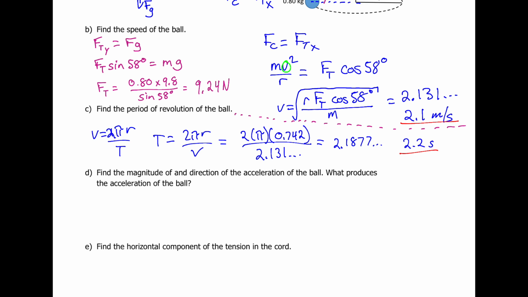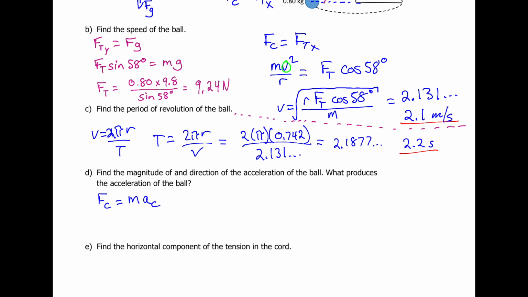What's the magnitude and direction of the acceleration of the ball? We can do it basically from our starting point. I think the best way to do this is kind of easy. We can do FC is equal to MAC. It's pretty straightforward.